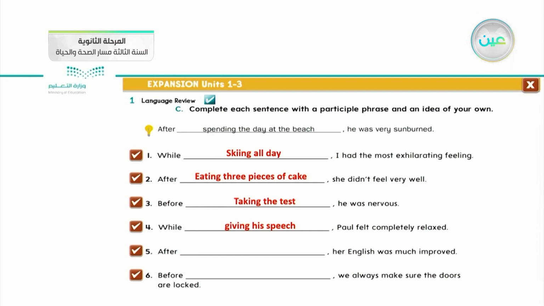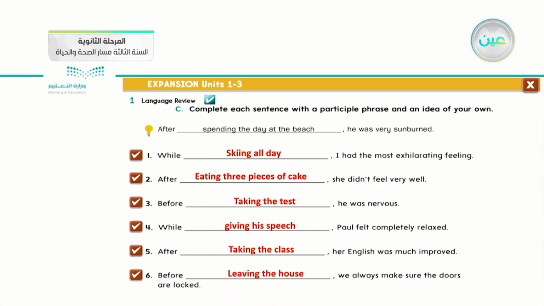And number 5, after taking the class, her English was much improved. So what happened before she took her class? She didn't improve. But after taking the classes, her English was much improved. And the last point is before space, we always make sure the doors are locked.